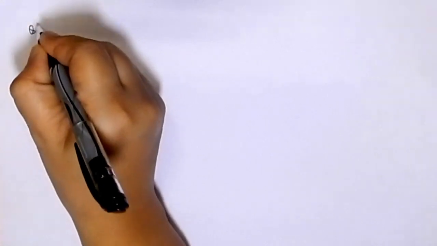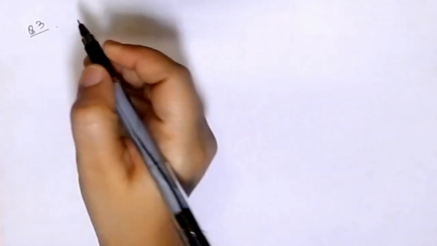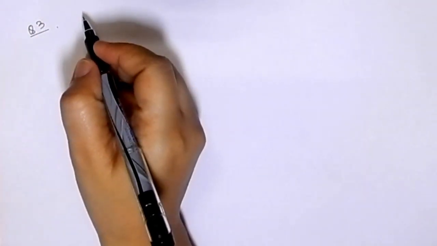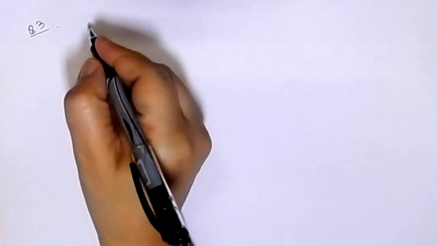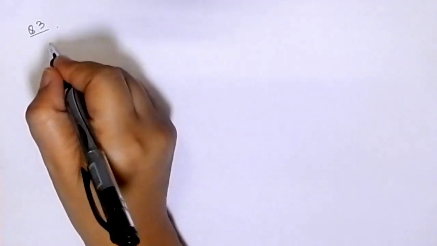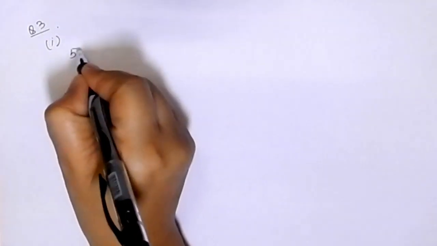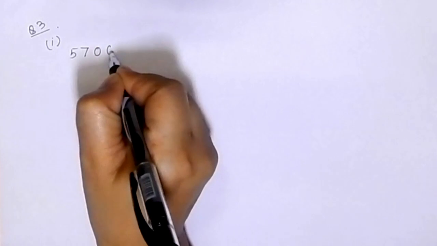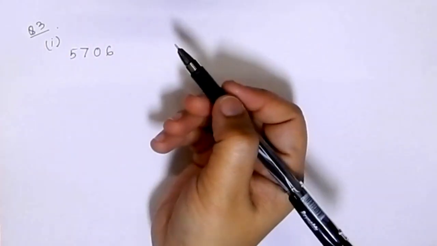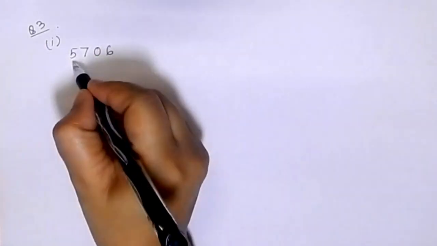Let us move on. Question number 3, subpart 1. 5706, and you have to round off to the nearest 1000, that is this place.